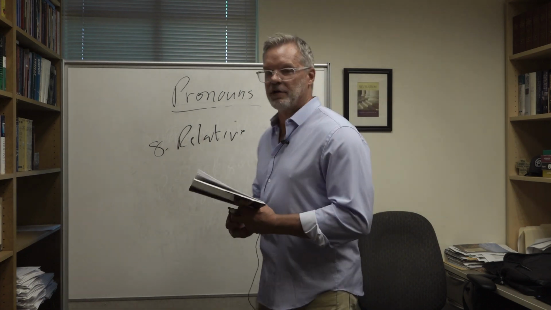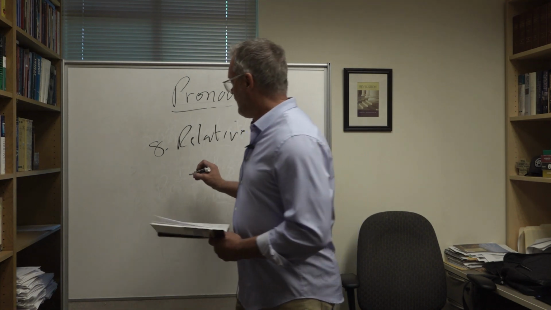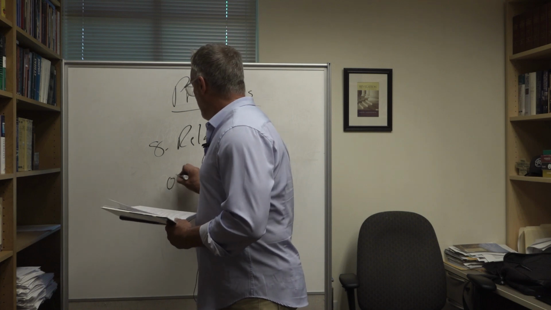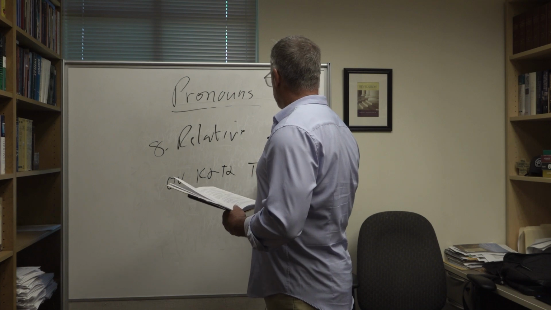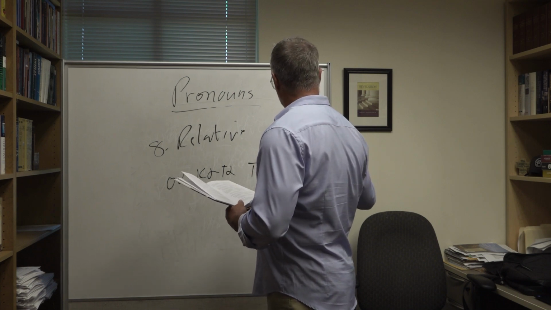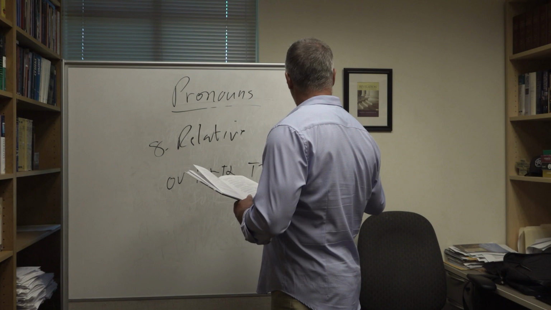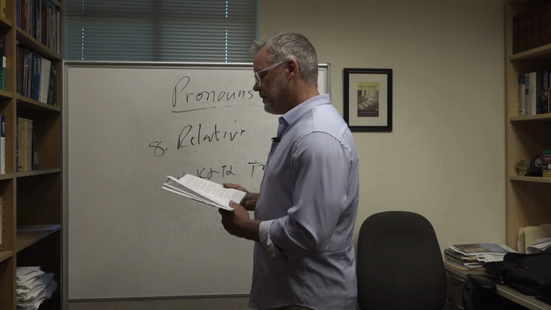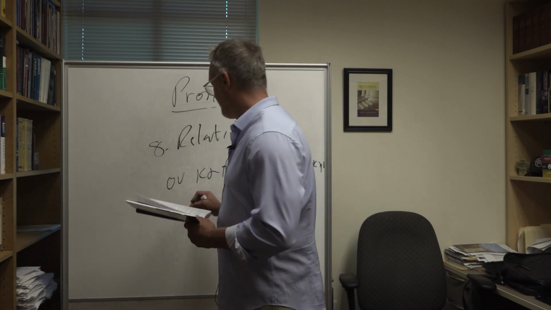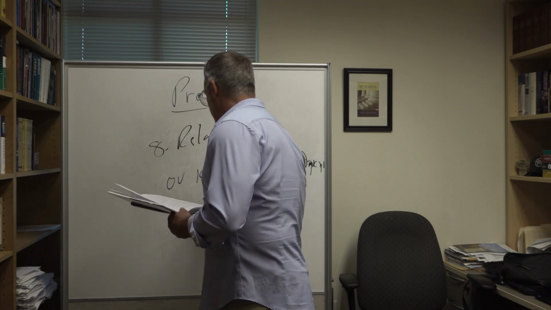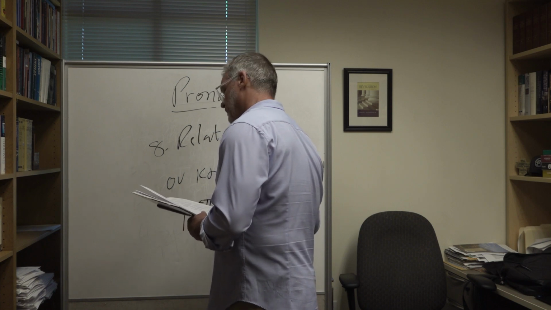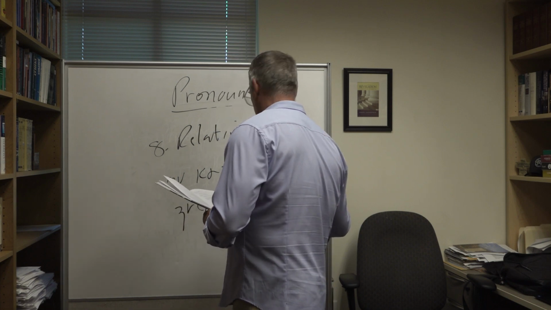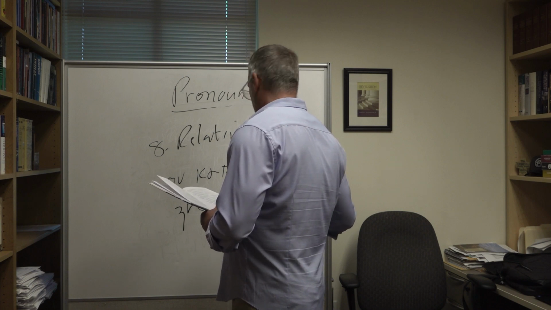This one is out of our textbook, and it comes out of Hebrews chapter 8 and verse 9: not according to the covenant, diathekein, not according to the covenant which I made with their fathers.